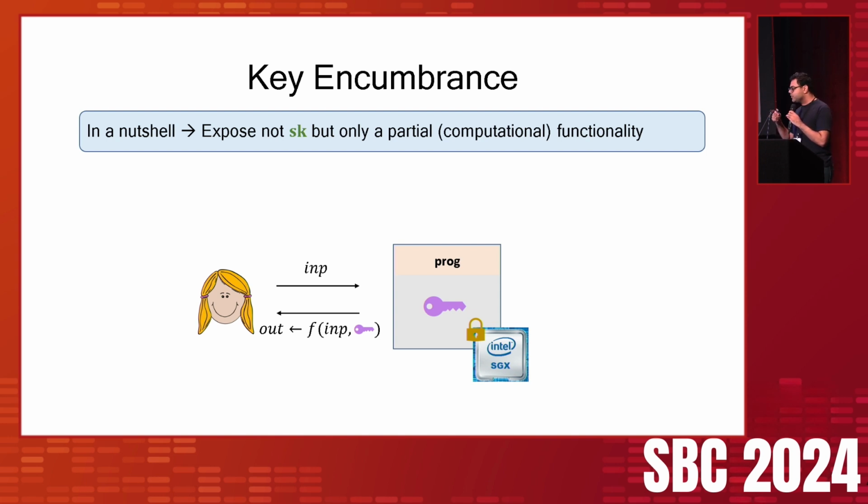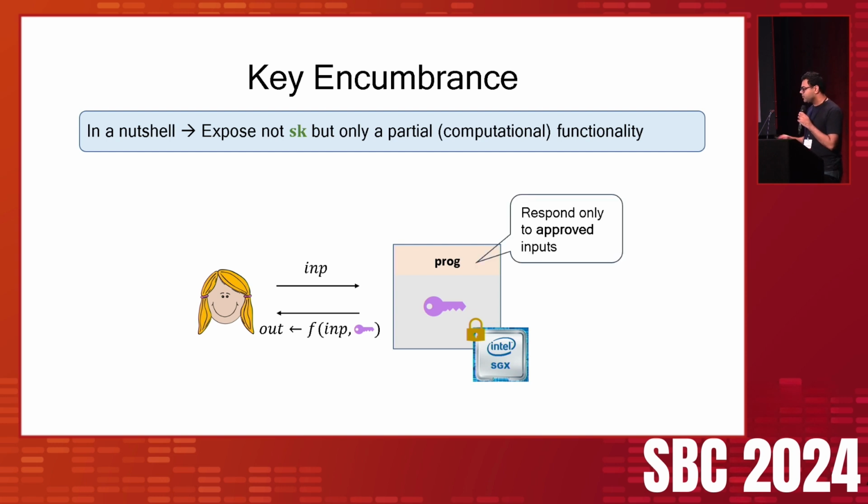You can think about the interaction with this keyed trusted hardware as providing an input to the program and getting an output that's based on the key and the input. But what if the SGX, trusted hardware, only responds to approved inputs? So there's a program running inside of the trusted hardware that only responds to approved inputs. This is what we'll call key encumbrance.